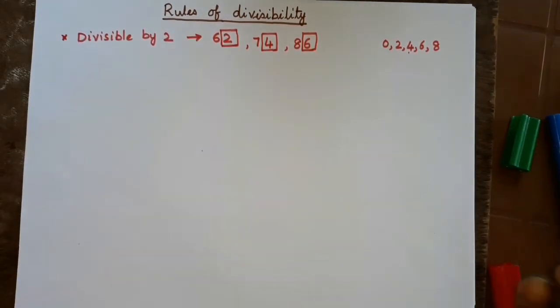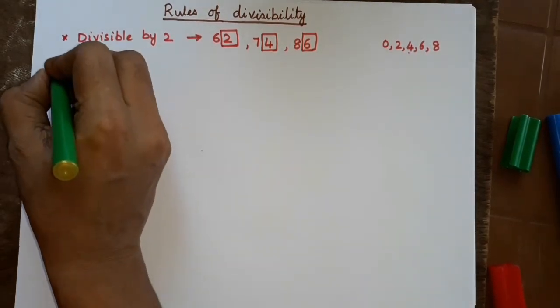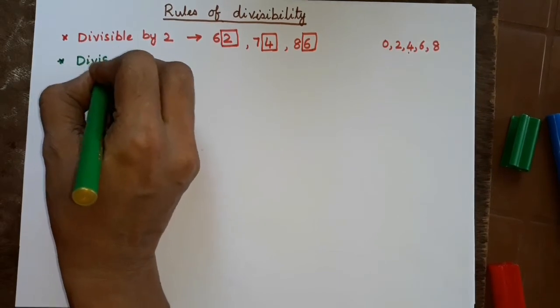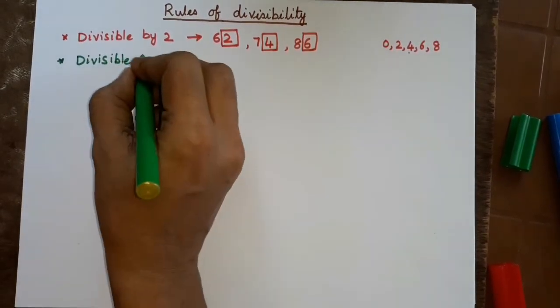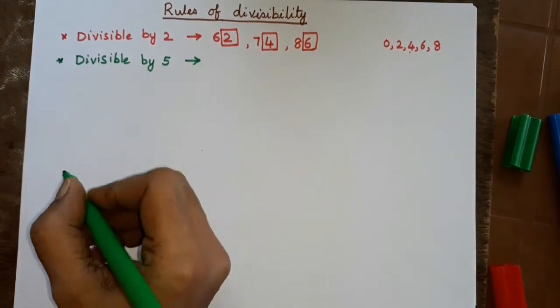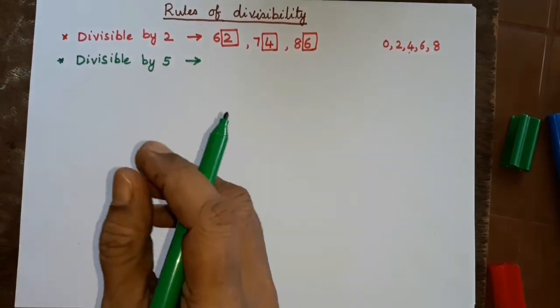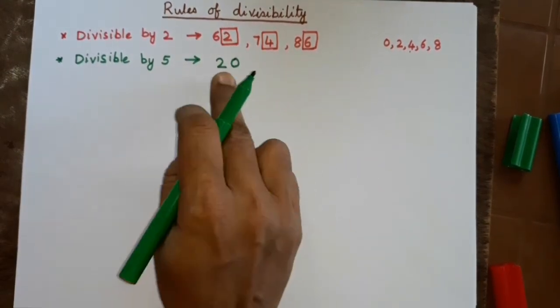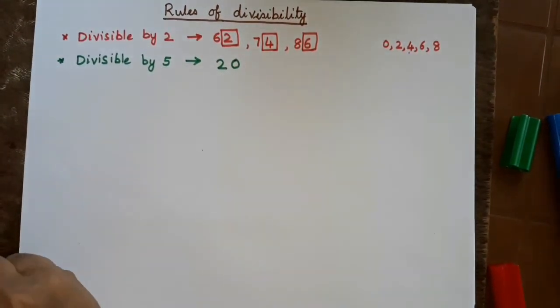Now let's move on to divisibility by 5. How will we check? For example, 20 is given. We have to check whether 20 is divisible by 5.